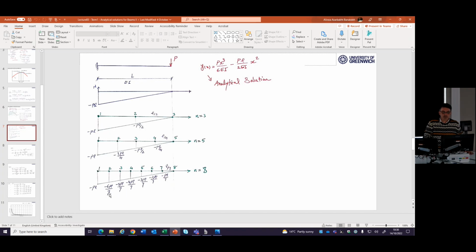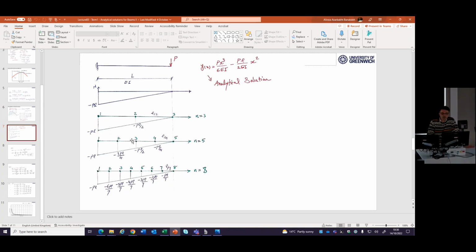Because this 7 is really n minus 1. 8 minus 1 is 7. But this 6, how can you make a formula for this 6? This 6 is this number minus the node number. 8 minus 2 is 6. 8 minus 3 is 5.